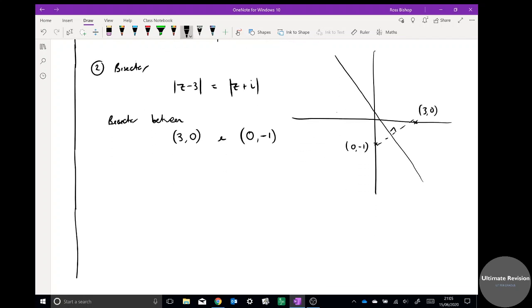Okay, right, now the third type, which we're doing today, is what we call a half line. Okay, so the equation of a half line. Now a half line is quite simply just a line that goes from a point and it goes on forever, but it starts from a point is key there.